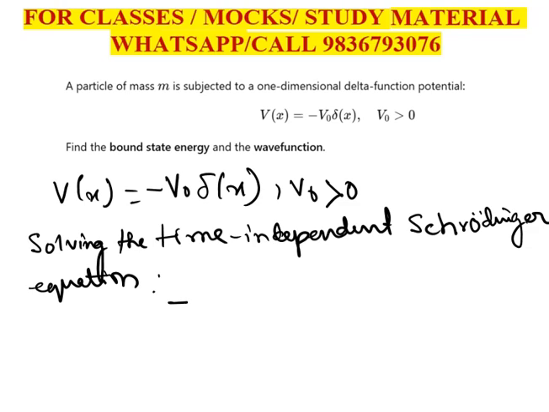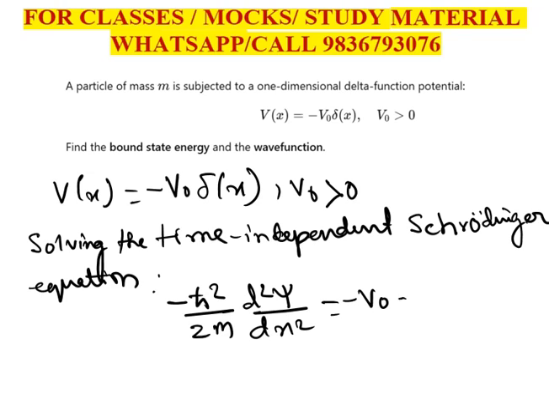We have h cut square by 2m into del square psi by del x square equal to minus V0 into delta x into psi x, which will be equal to E of psi of x, right?